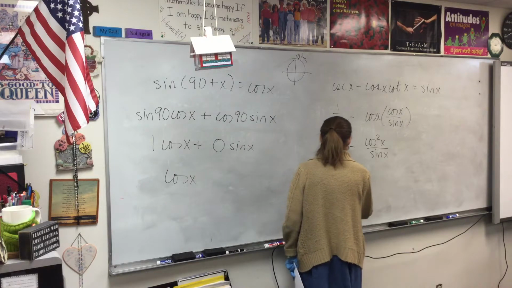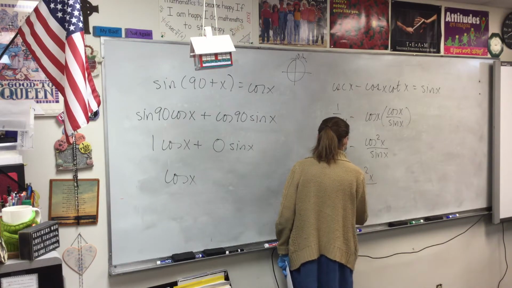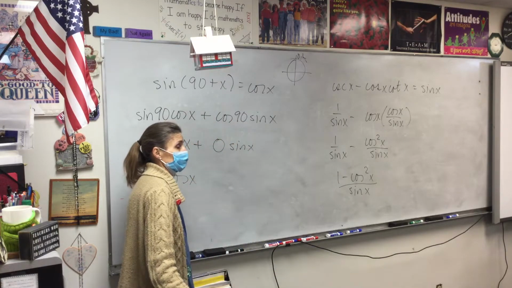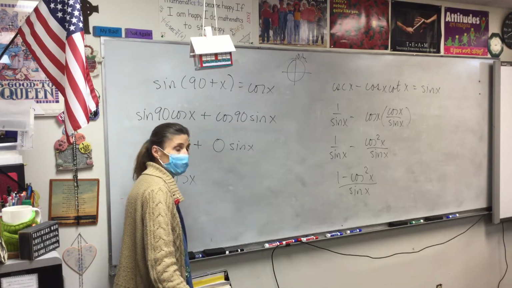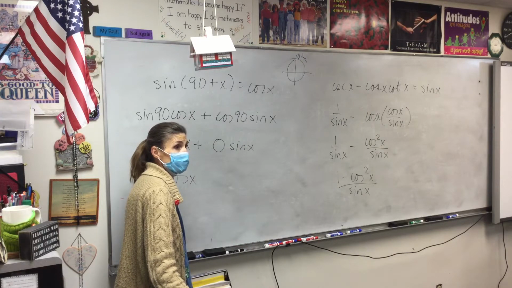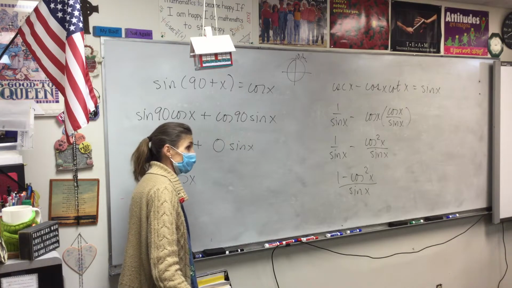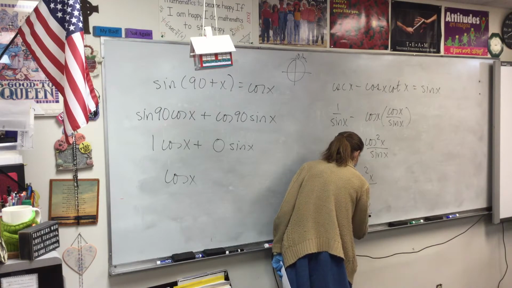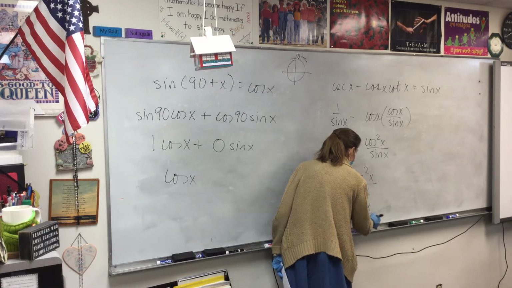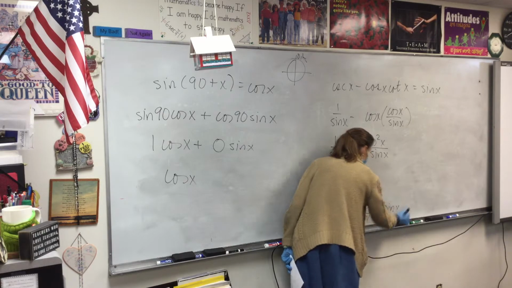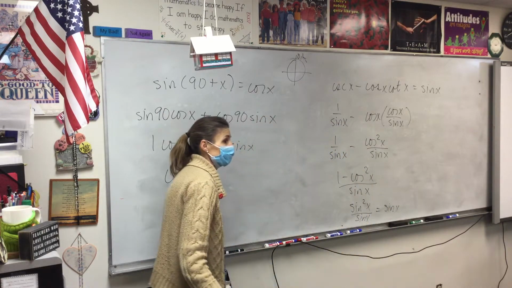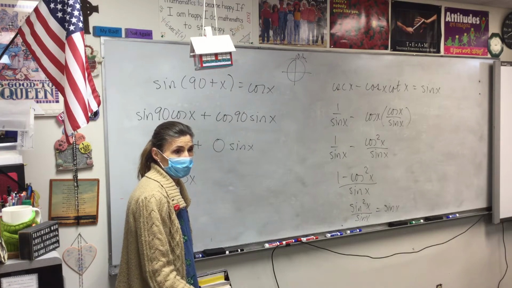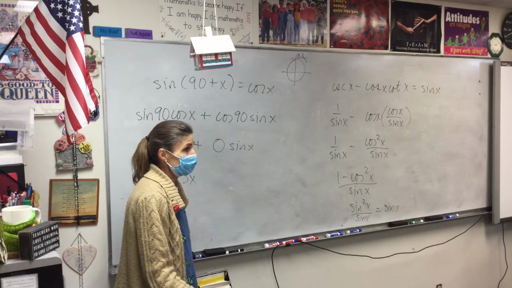So 1 minus cosine squared is sine squared. So you've got sine squared over sine, which is just going to cancel into sine. Anybody have a question about that?